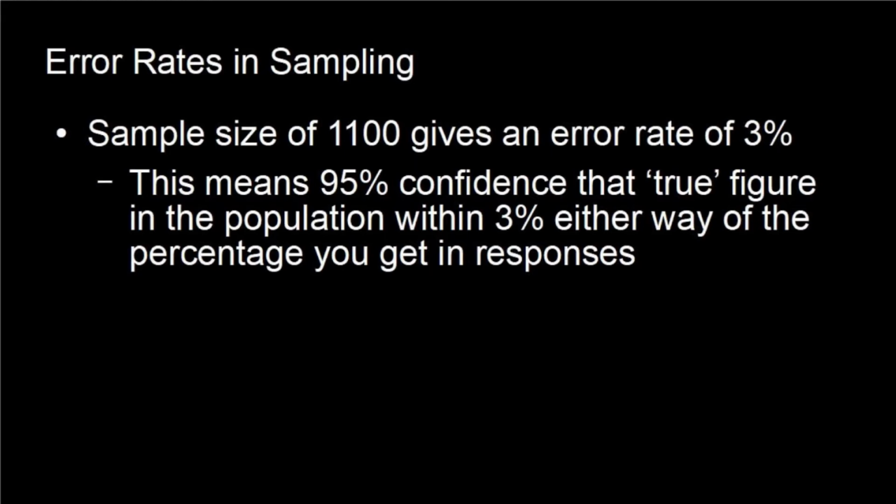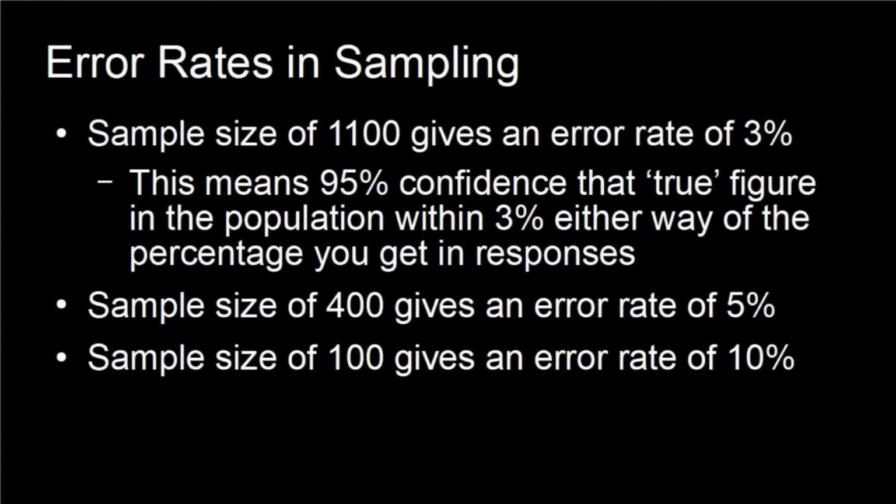That means that you can be 95% confident that the true figure in the whole population is within 3% either way of the actual figure you get. If you have a sample of 400, then you've got a 5% error rate.